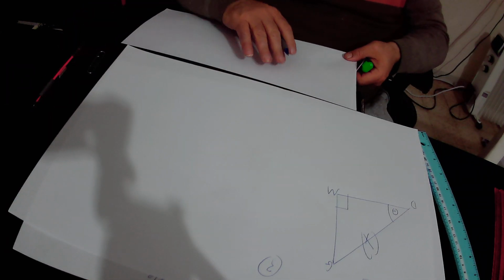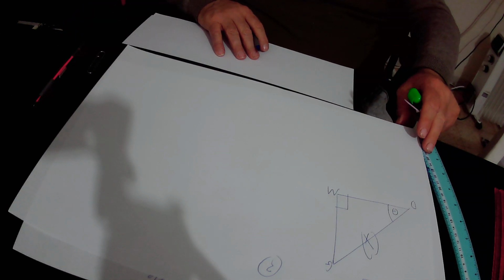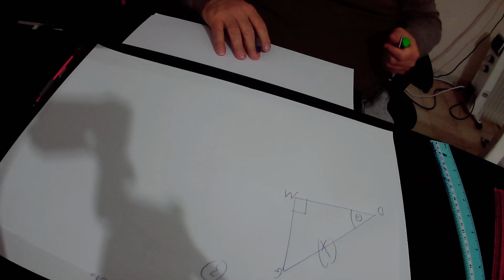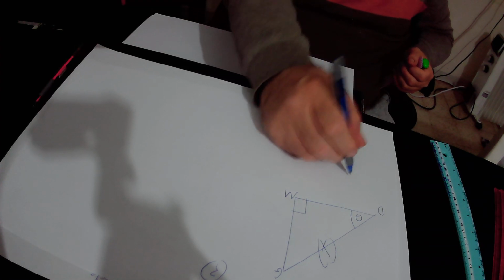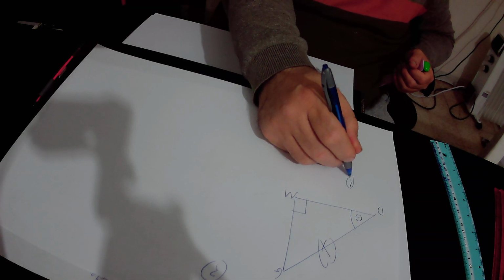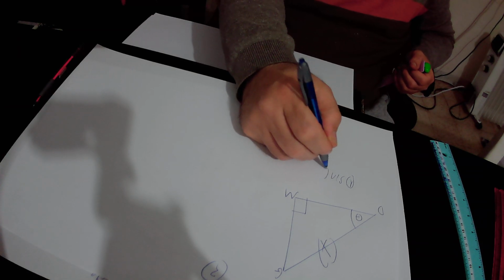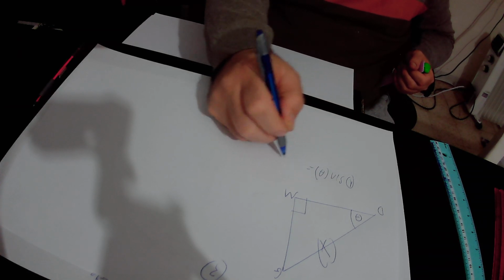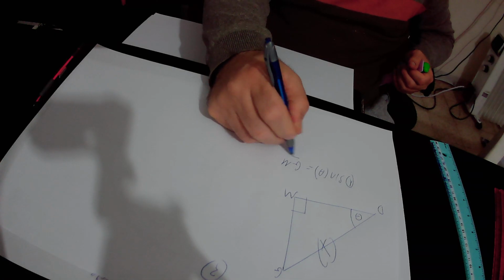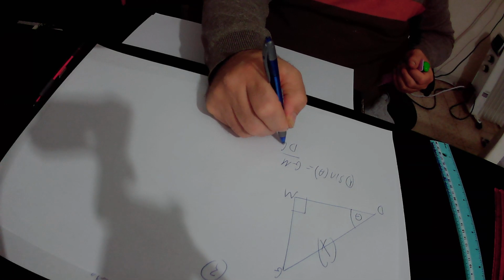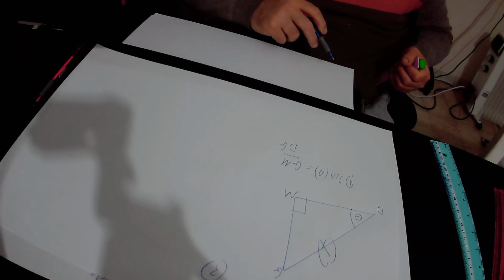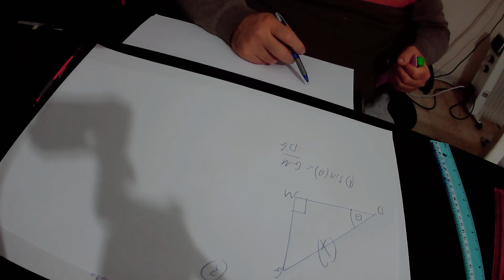So this is the right triangle DGM that I copied from the original drawing. In this right triangle DGM, sine theta equals GM over DG.